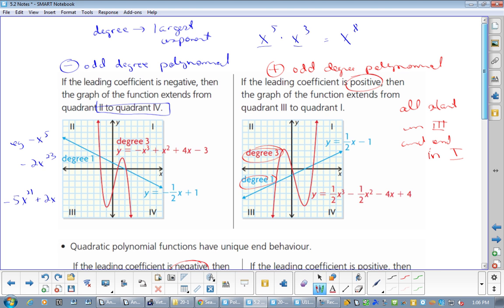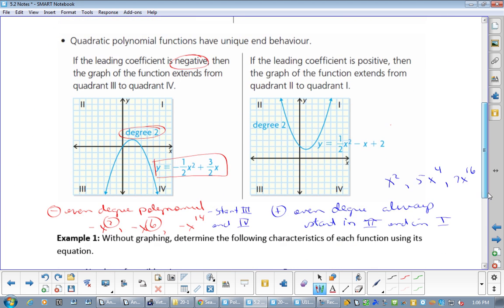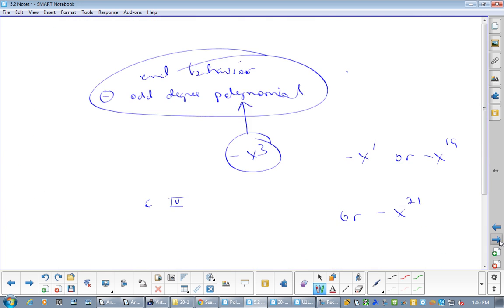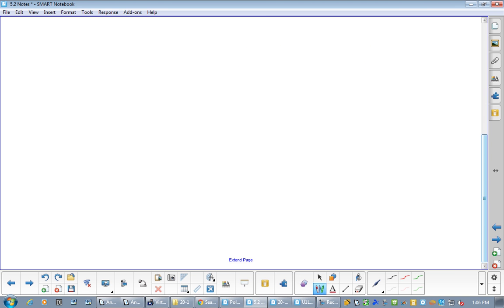And they can be tricky. They can do things like this: y equals x to the 4 plus x cubed plus 2x to the 5. And they'll ask, what's the degree? It's 5. What's the biggest distractor?